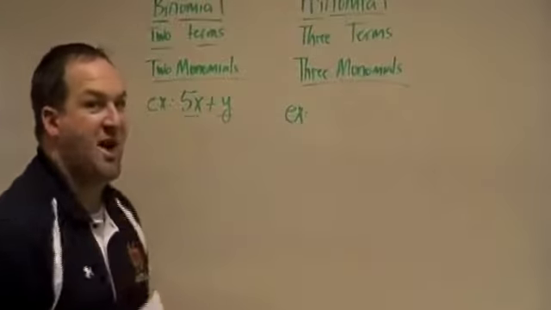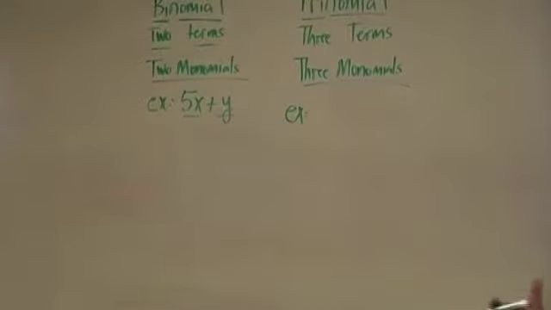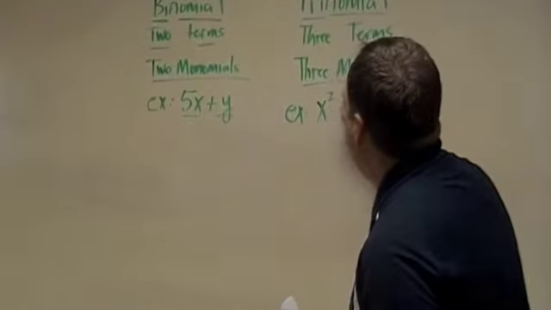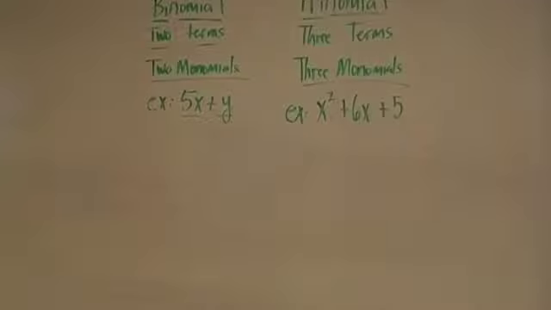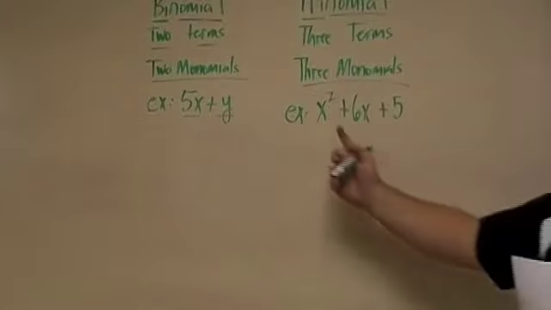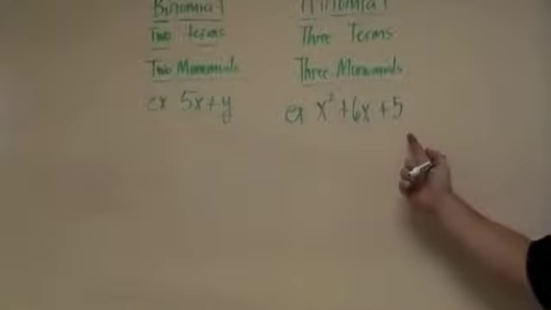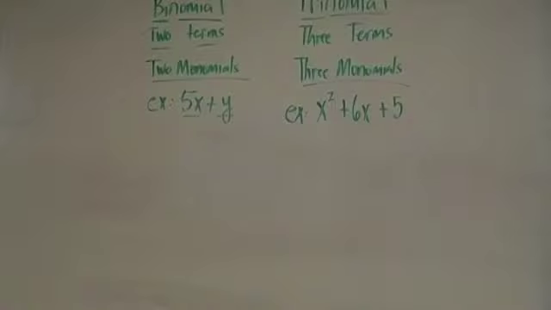We're talking about quadratics in this unit, so the perfect example I could give you would be a quadratic, for instance, x squared plus 6x plus 5. Each one of those terms is a monomial. x squared is a monomial, 6x is a monomial, 5 is a monomial. Any regular number can be a monomial by itself. 3 terms, we have a trinomial.